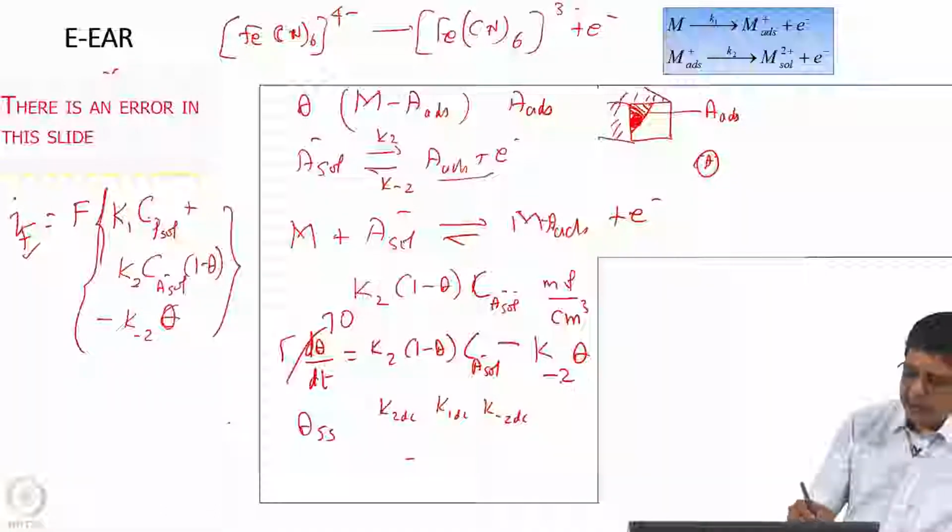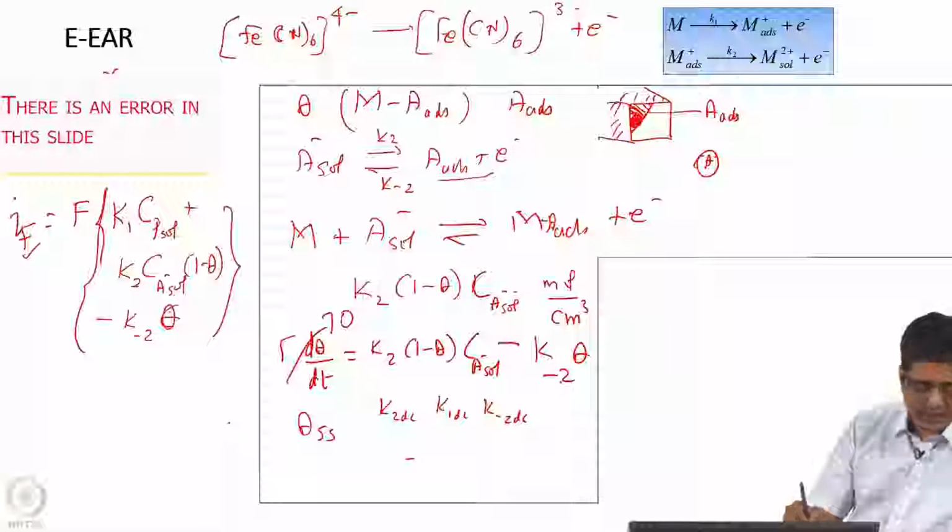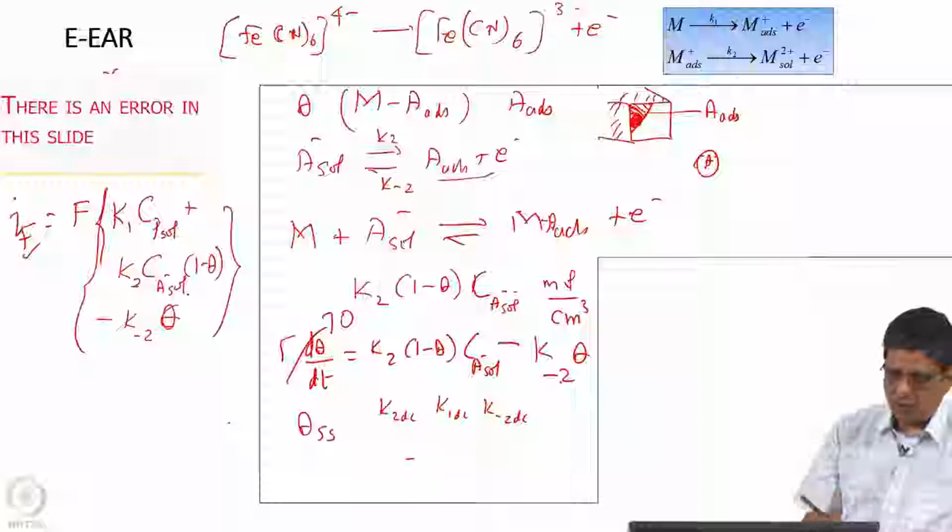If I expand K1, K2, K minus 2, I also have to expand the theta. I am going to say concentration of A and P solution are constants, therefore, I am not going to worry about that.